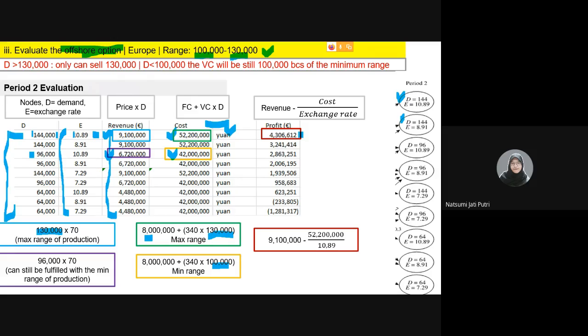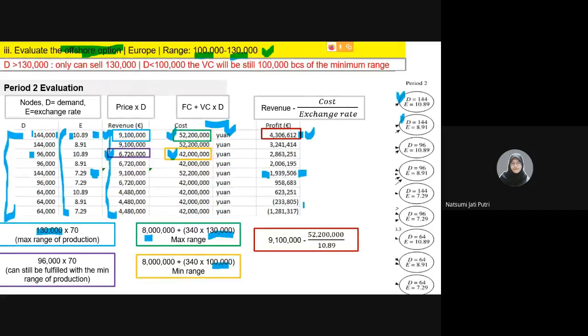For this row, the exchange rate is 10.89. So we get this number. The profit is divided by the exchange rate in here.